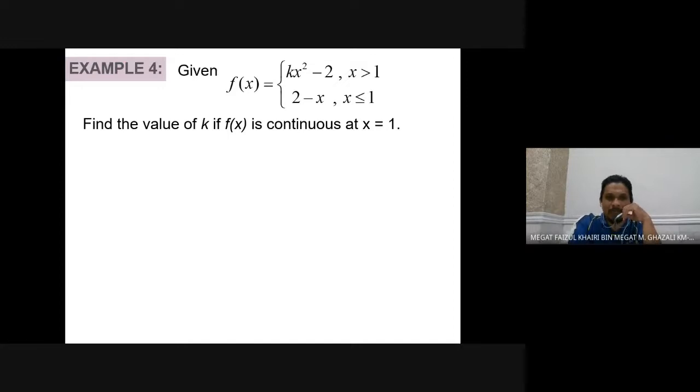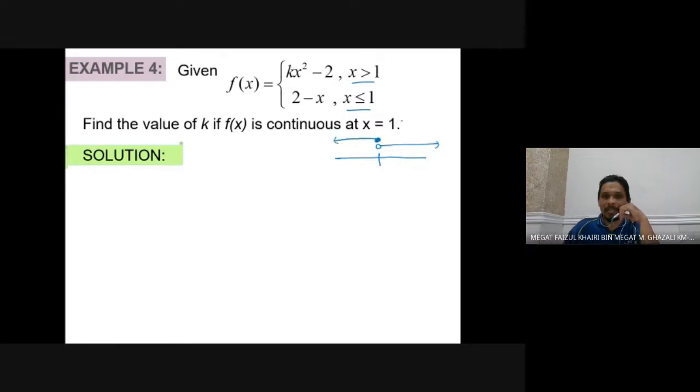Okay, find the value of k if f(x) is continuous at x equal to 1. So guys, girls, look at this domain, x greater than 1 and x less than or equal to 1. This one is kx squared minus 2 and this one is 2 minus x.